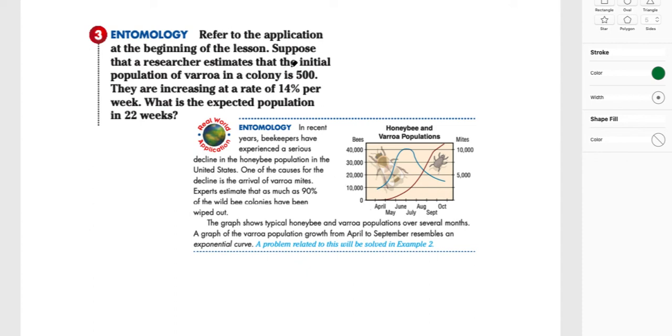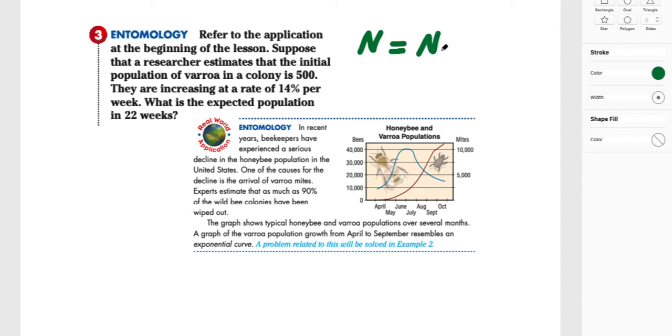If we refer to this application, we're going to suppose that researchers can estimate the initial population of the Varroa in a colony is 500. If that's the situation and we know that the colony increases at a rate of 14% per week, what is the expected population in 22 weeks? This is going to require us to use that formula from earlier on.